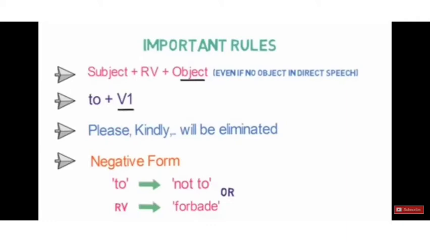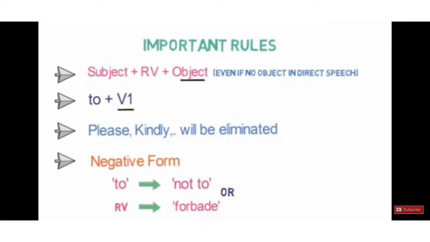Now there are some important rules related to the conversion of imperative sentences from direct speech to indirect speech. Number 1. The object will come in indirect speech after the reporting verb even though in direct speech there is no object. So we have to add it as per the meaning or sense of the sentence if no object is provided.